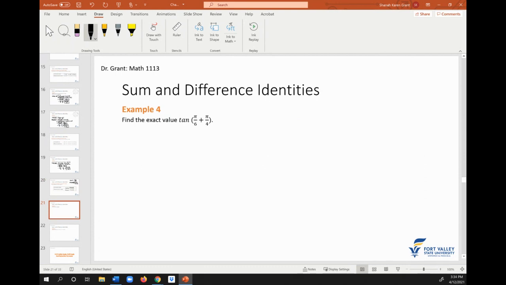Well, let's utilize the formula and see how we can use it. Really, it's just like we've been doing with sine and cosine. Once you know the formulas, you should be able to evaluate whatever is being asked.